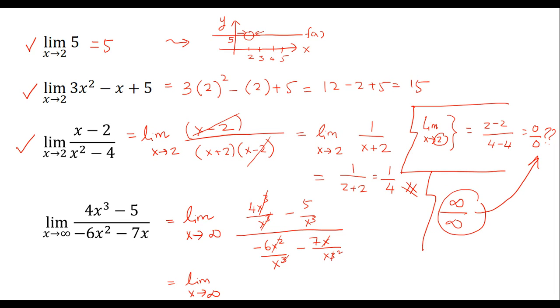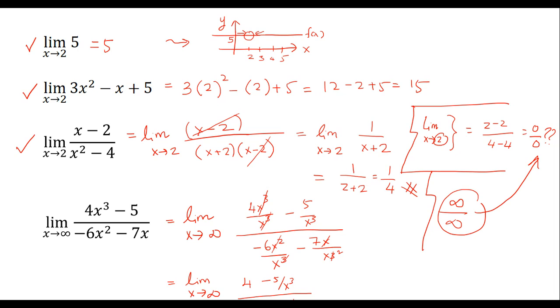And then this one I just have 7 over x squared. And then now what we have is just 4, minus 5 over x, this one, and then negative 6 over x cubed. We don't have much place to move on, but that's okay.